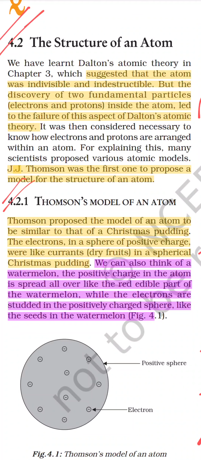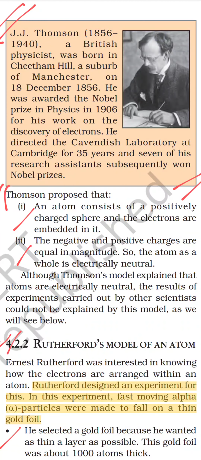Figure 4.1, Thomson model of an atom. Here is the electron, here is the positively charged sphere. Okay, got it?